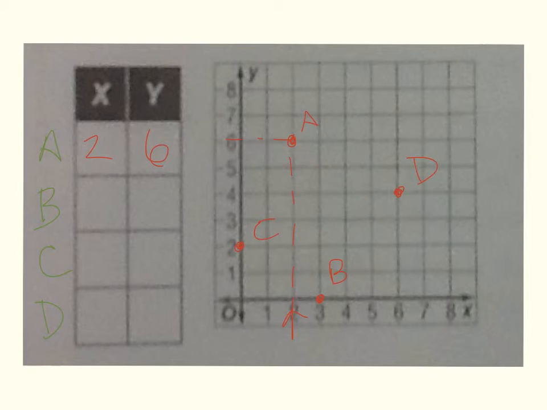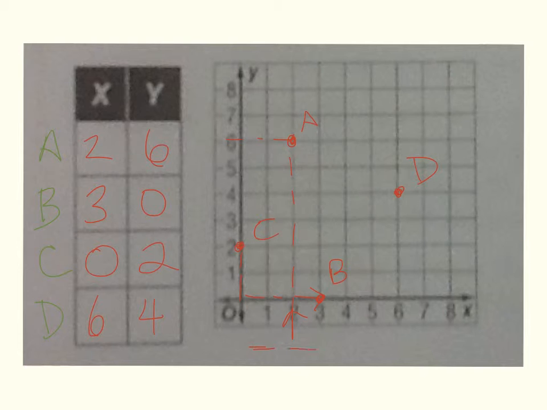When you look at B, hopefully you got the answer 3, 0, because you can see that it goes 3 spaces in the x direction and it doesn't go anywhere in the y direction. C, on the other hand, is going to be 0, 2, because it doesn't go anywhere in the x direction and it goes 2 spaces in the y direction. And then finally D is 6, 4, for the same reason that A is 2, 6.